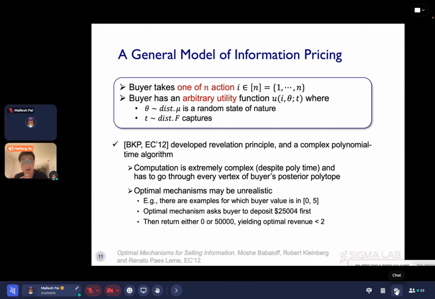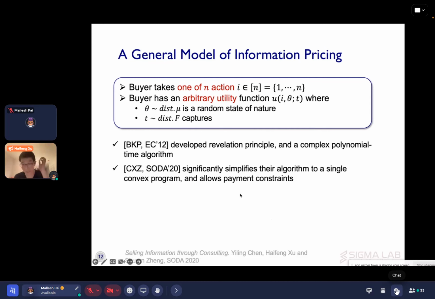That's really a question that led us to study: can I develop a mechanism that's simpler to consider and also more natural to implement in reality? And that leads to a recent work by Yiling, me, and Shuran, which tried to simplify their algorithm. It turns out that this is doable.